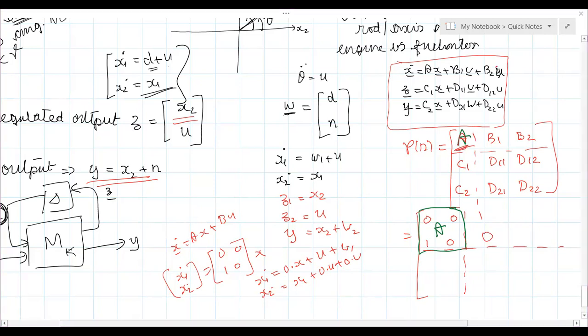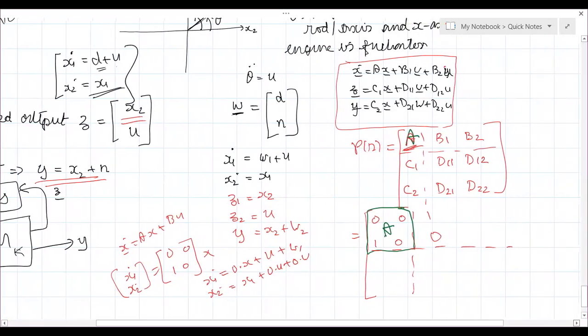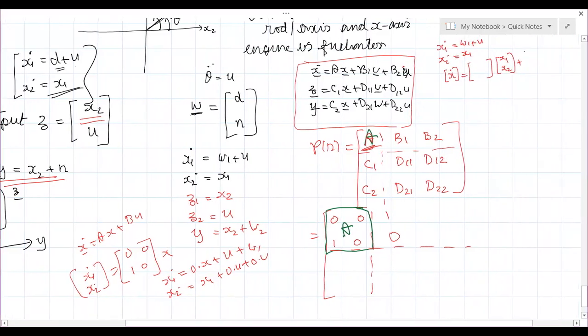Think, yeah. Let me write this thing again here. See, our x1 dot is w1 plus u. x2 dot is x1. Okay. So from here, what will you get? X dot equals some matrix, so something into x1, x2, plus something into the second part, which was w.